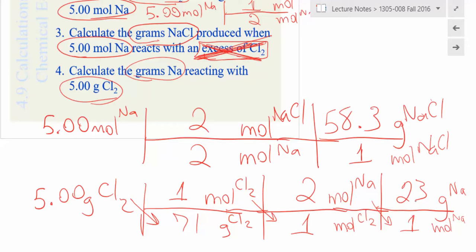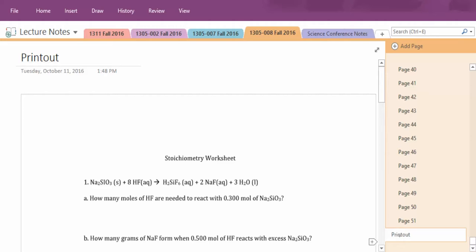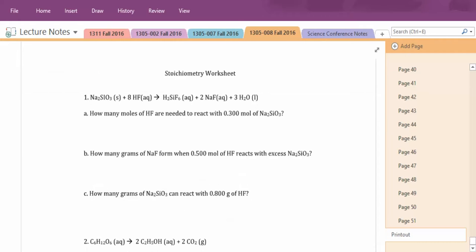Okay, so look at the first one. How many moles of HF are needed to react with 0.3 moles of Na2SiO3? Let me ask you, how many steps? How do you know? It's just in moles, no grams are involved, so just one step.